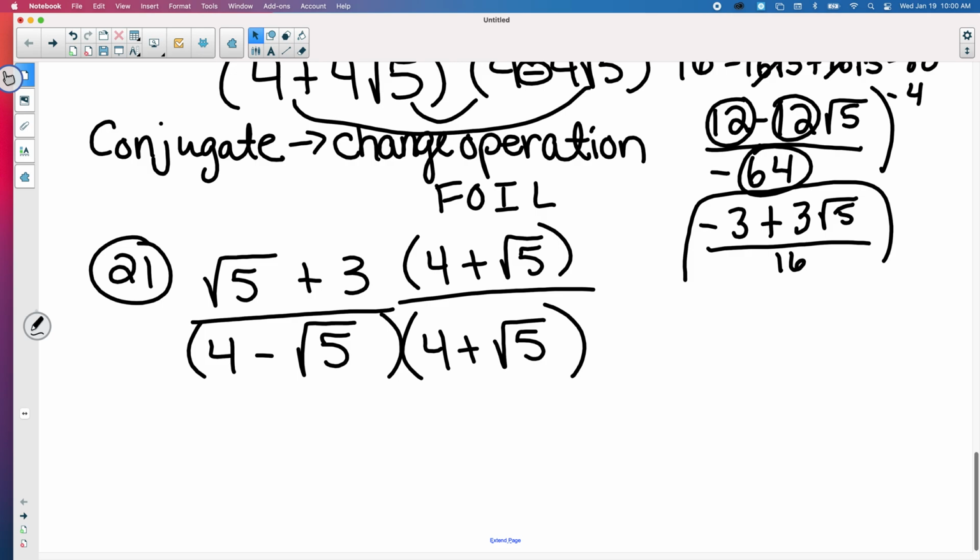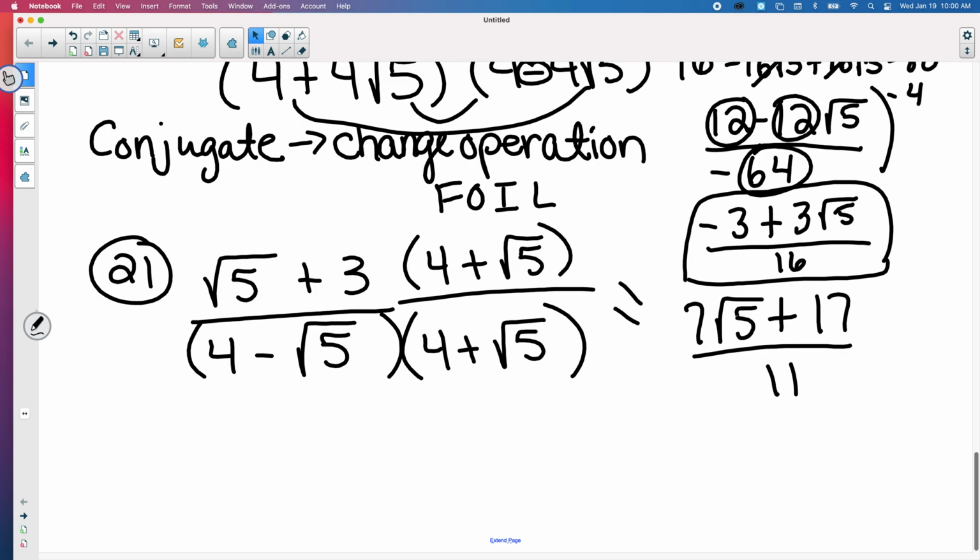Alright, anybody want to volunteer your answer for that one? 7 radical 5 plus 17 over 11. That's right. Anybody else get that? So, if you do the conjugate, you're on your FOIL, you really only have to do first and last on bottom anyway, because you know your outer and your inner will cancel.